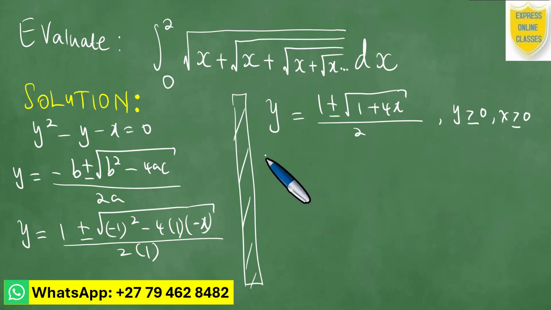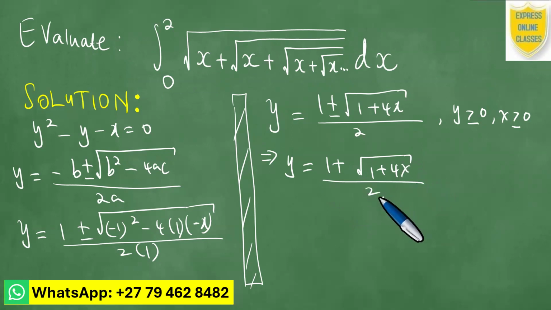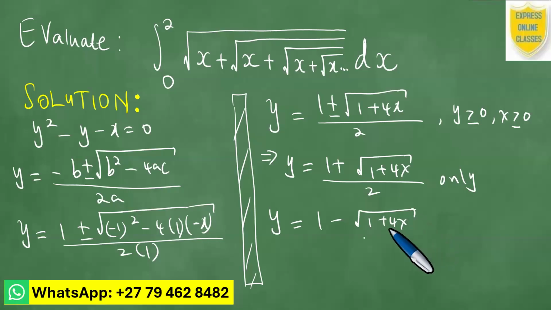So this means that y equals 1 plus the square root of 1 plus 4x, all divided by 2 only. The fact is that 1 minus the square root of 1 plus 4x is invalid.